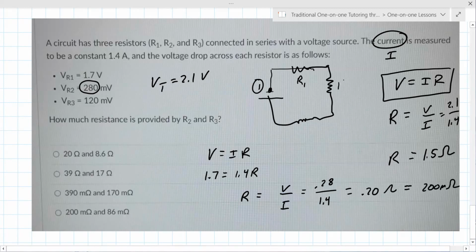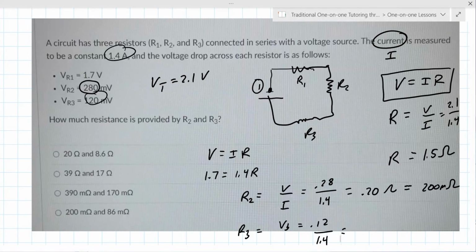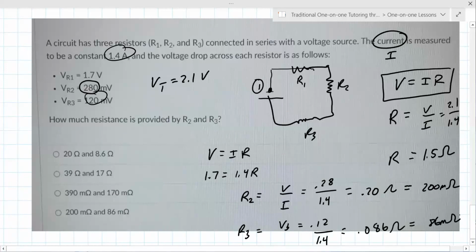And then if you do the same thing at resistor 3, the voltage across resistor 3, which we already have, the 0.12 divided by the current, which is constant, gives you 0.086 ohms or 86 milliohms. So it looks like it's that.